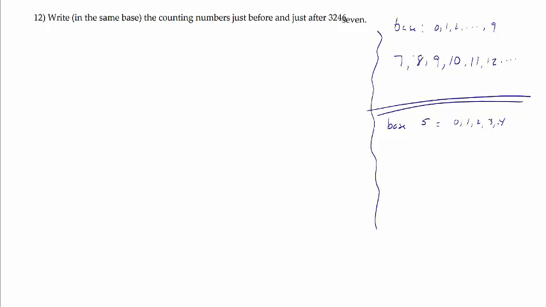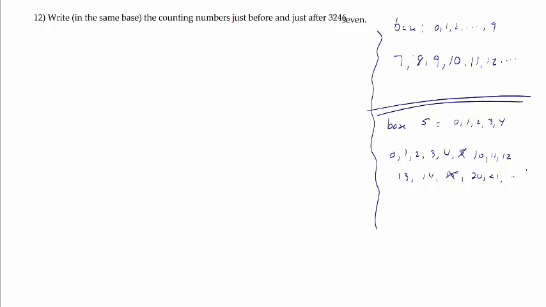I have to start using 2 digits. So when I'm counting in base 5, it'll be 0, 1, 2, 3, 4. I don't have a 5. So what comes next? 10, 11, 12, 13, 14. And again, I don't have a 15. The next one after that, think of it as you carry over, so you get 20, then 21, and so forth.